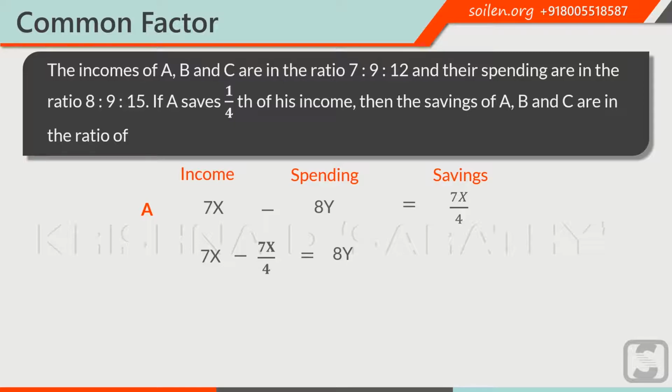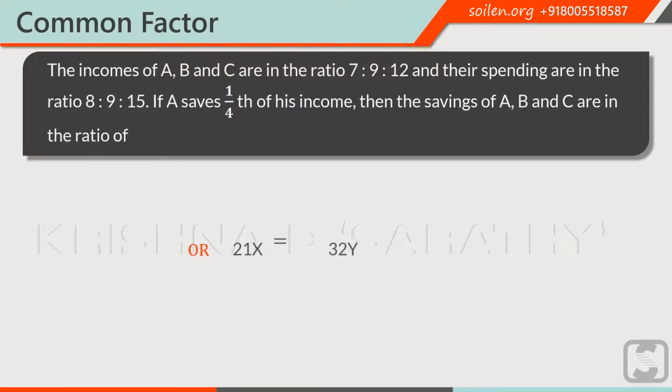Next, LCM is 4. 7x times 4 is 28x, minus 7x over 4 equals 8y. 28x minus 7x is 21x, so we can write 21x over 4 equals 8y. By cross multiplication, 8y times 4 is 32y. We can write 21x equals 32y.